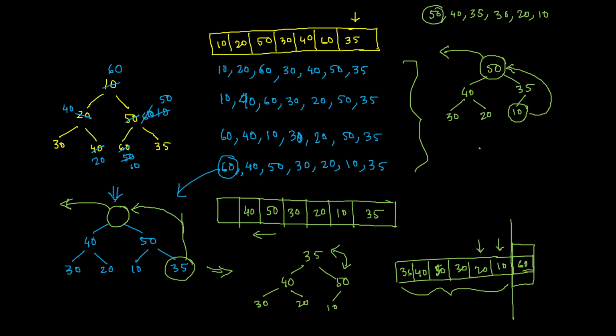So that means in the new array the situation will be something like, here 10 will come, 50 will vanish. That means 10, the root, then 40, then 35, then 30, then 20.